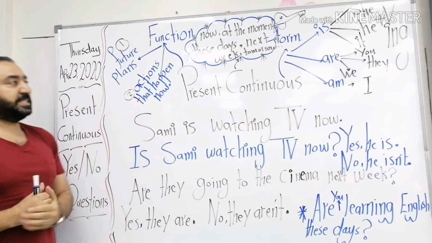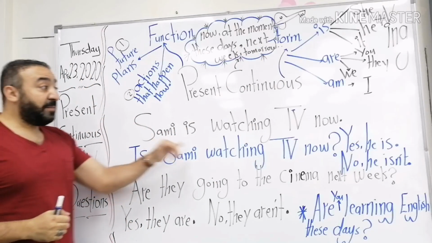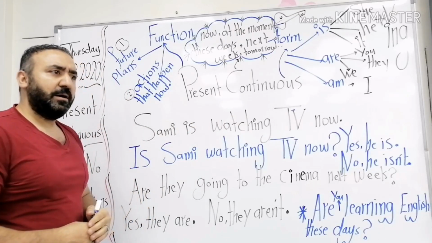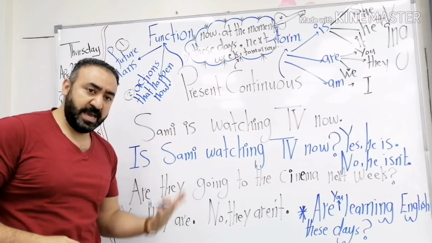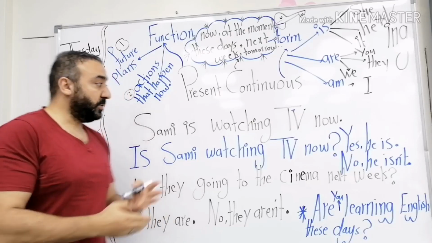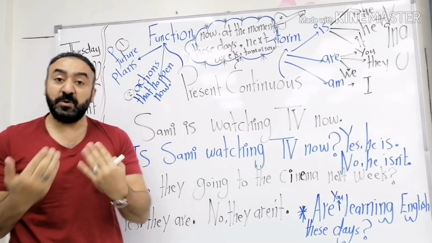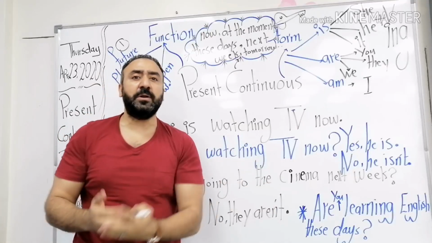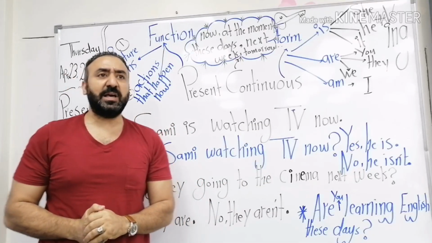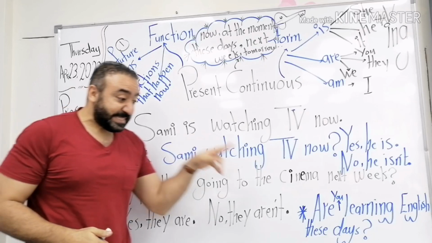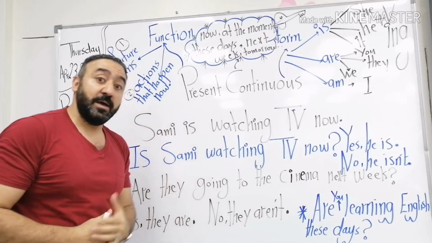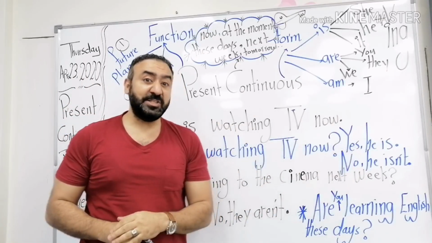Now, look at these examples. Sammy is watching TV now. Now, you'd like to ask me a yes-no question using this sentence. You'd like just to ask me whether he is watching TV or not. So, you should ask this way: Is Sammy watching TV now?